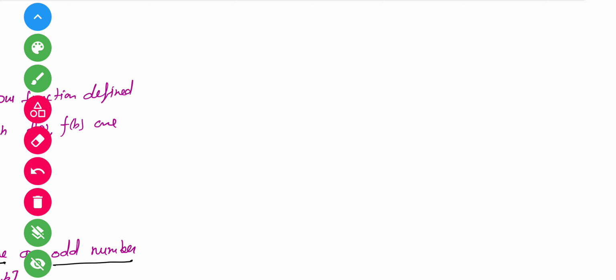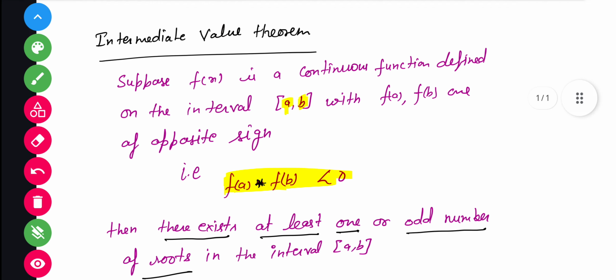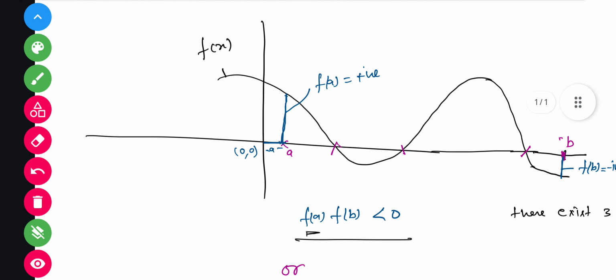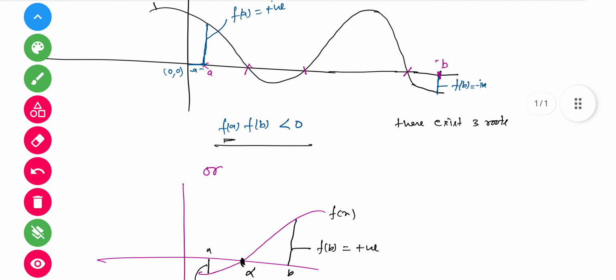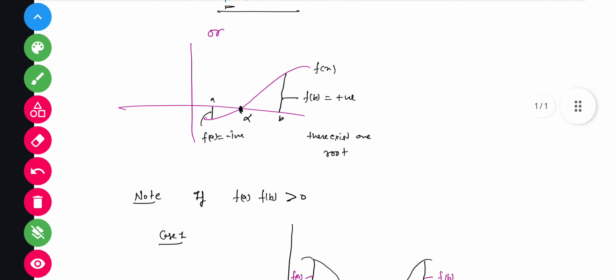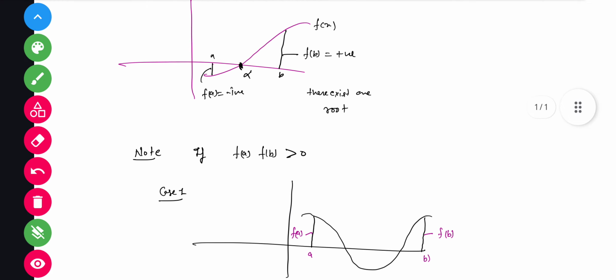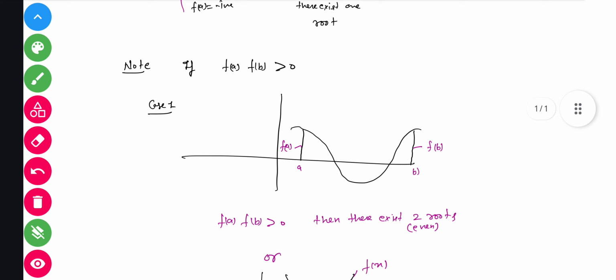Now you can see the same thing is explained here as well. Let's move on. And what if we have f(a) times f(b) greater than 0? You can see this condition actually doesn't satisfy the IVT theorem, right?